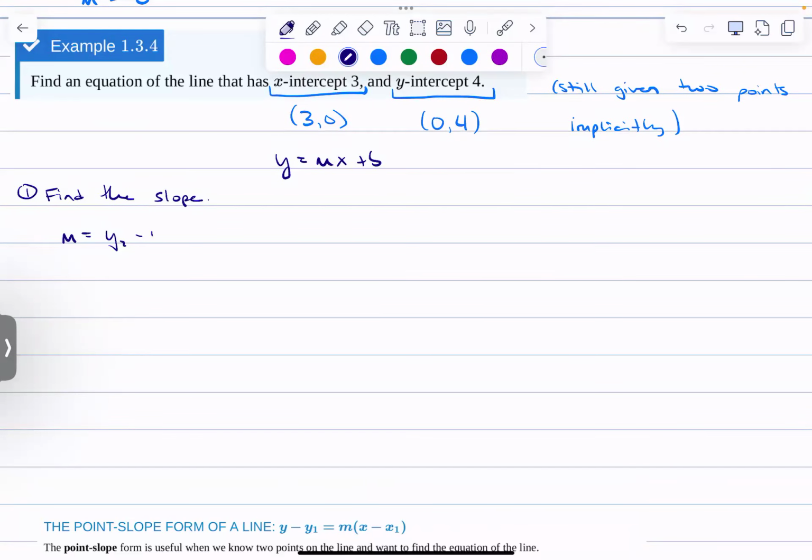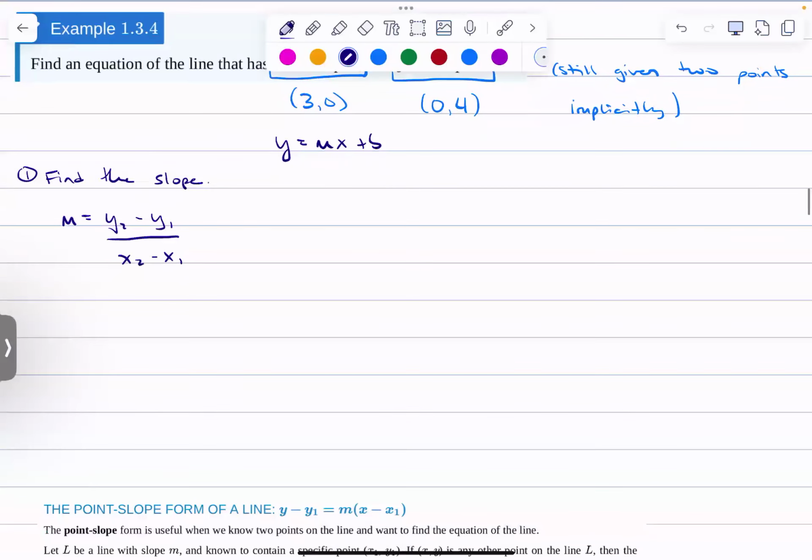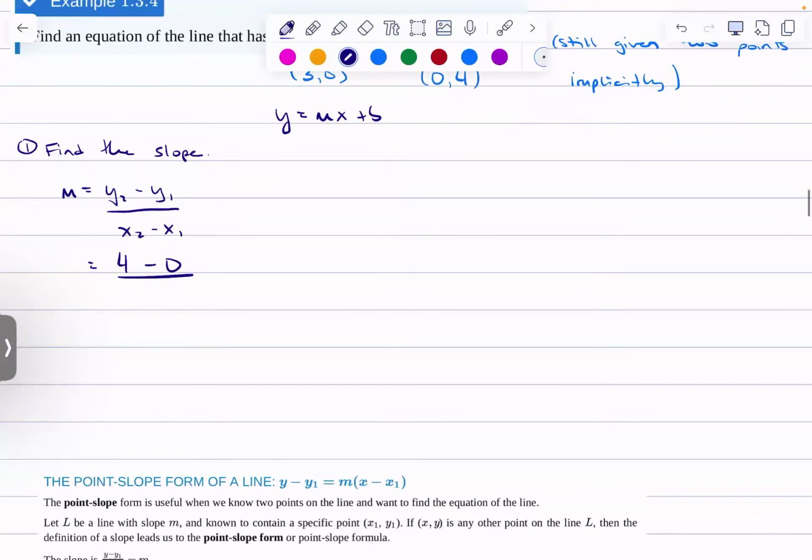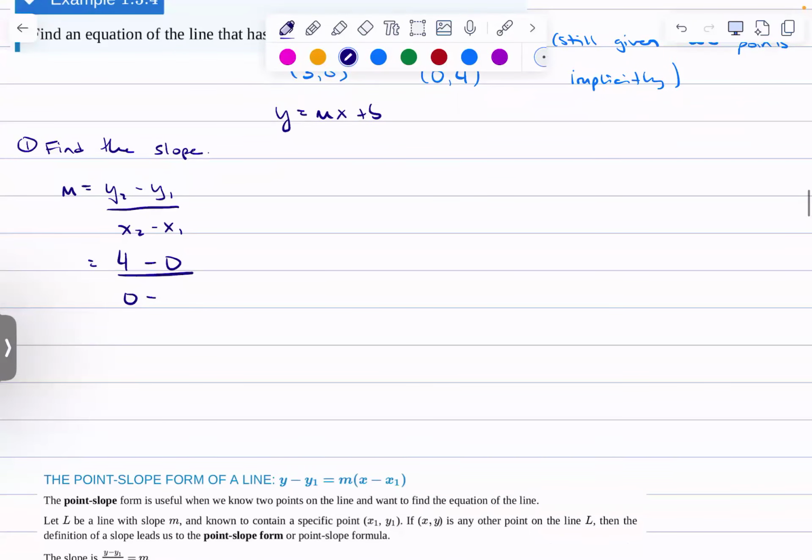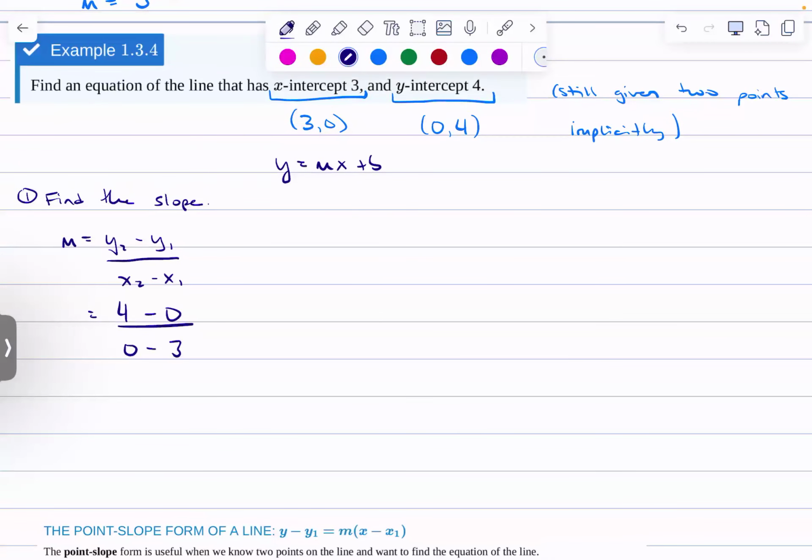M is y2 minus y1 over x2 minus x1. Let's say point 1, point 2, the order that they appear. So then y2 is going to be 4 minus y1, which is 0, and x2 is 0 minus 3.